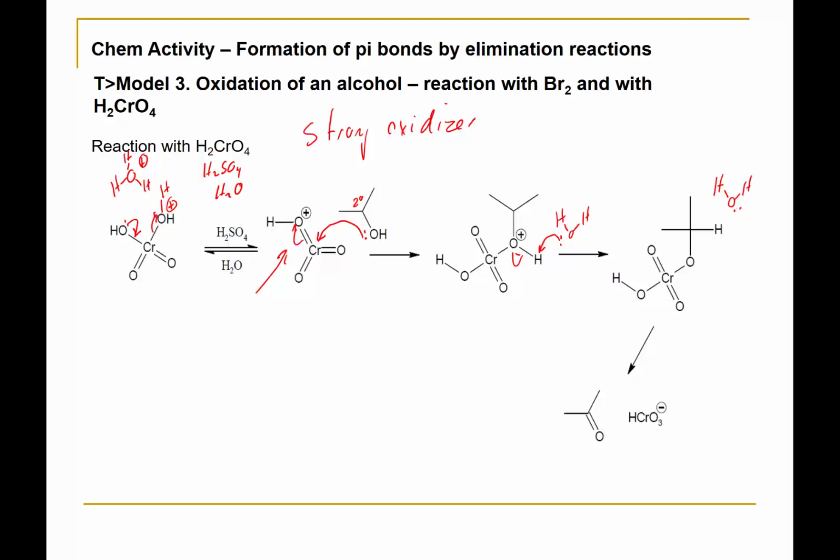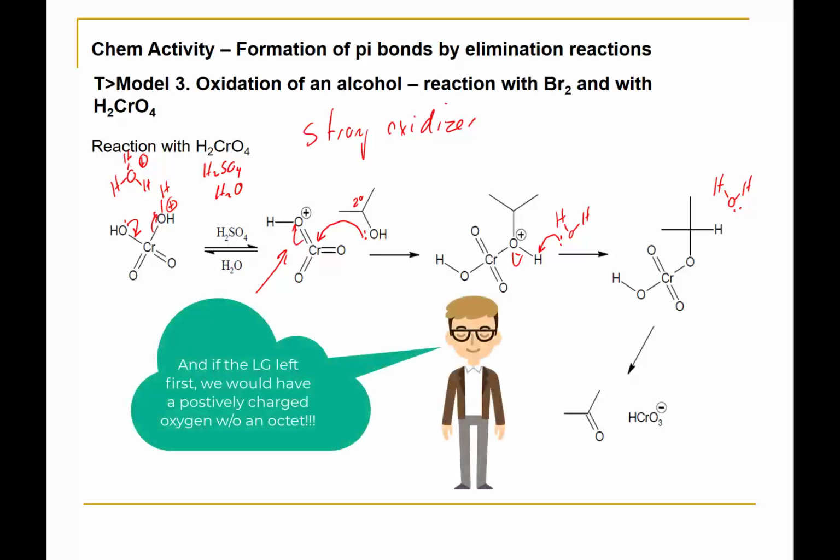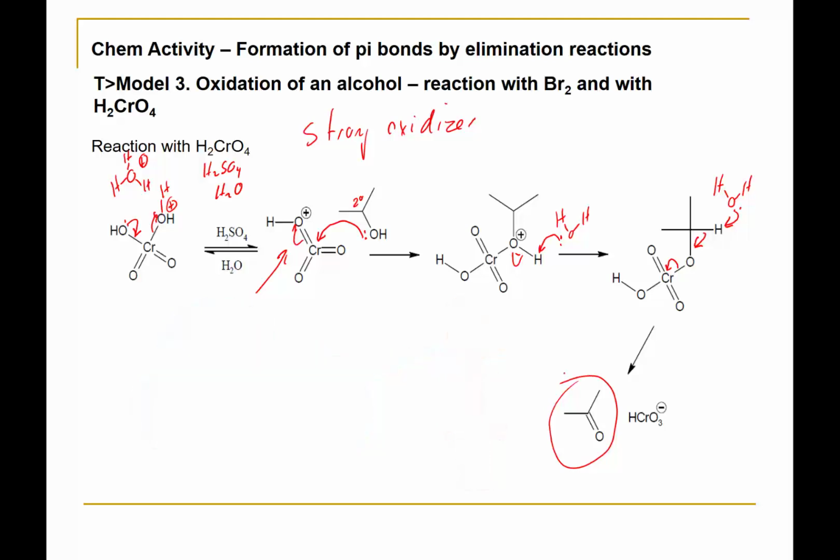Now this will seem a little unusual in that our water molecule is involved in what looks like an E2 reaction, but the idea here is that we have such a great leaving group that we believe this happens all in one concerted step: the pulling off of that proton, the forming of a pi bond, and the leaving of the leaving group. And now we have the formation of this ketone.